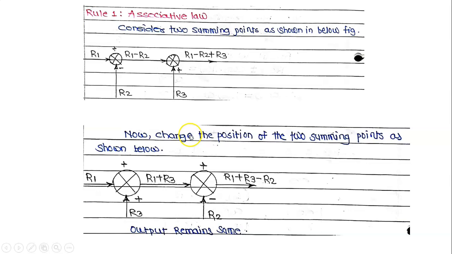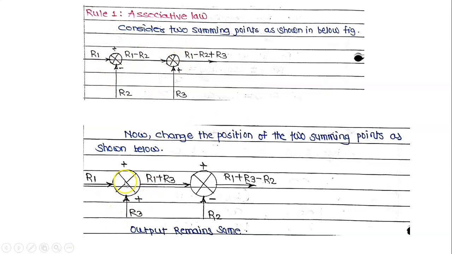Therefore, now change the position of the two summing points as shown in the figure below. The second summing point will go to the position of the first summing point, and the first summing point will go to the position of the second summing point.